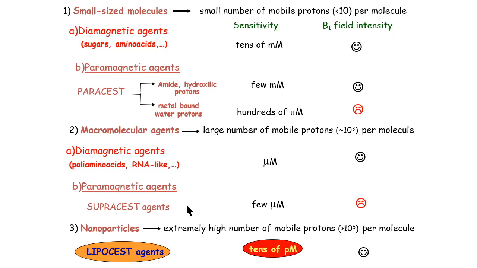But if we look at it as a whole, small-sized molecules contain a limited number of mobile protons, like sugars or amino acids. The sensitivity is an issue, because we need a local concentration of mobile protons in the range of tens of millimolar, whereas with the paramagnetic agents, we can go to lower values.